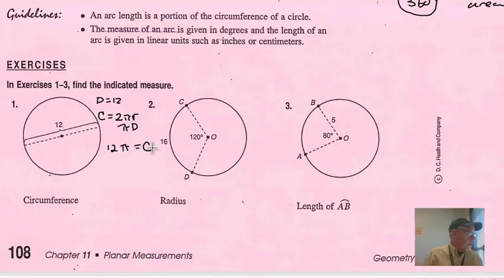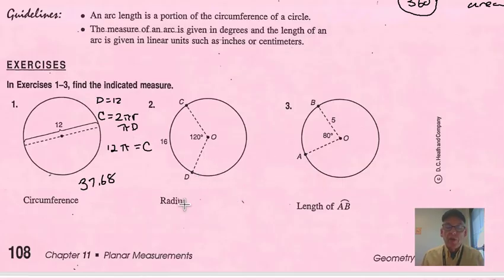If we use 3.14 for pi, we do 12 times 3.14, and we get 37.68. It doesn't tell us any rounding, so I get 37.68. And they didn't give us units, so we can get by without units.